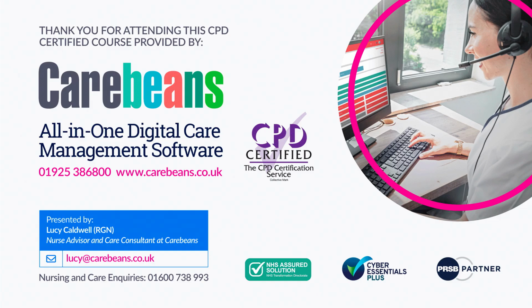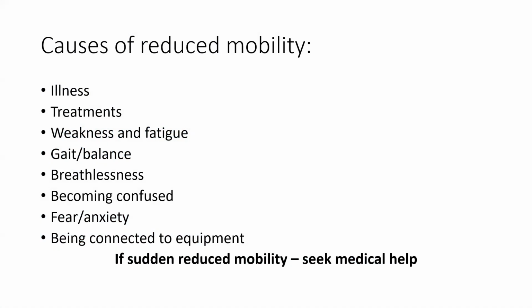That could be caused by a variety of reasons. Could be due to long-term conditions, for example, things like COPD, chronic obstructive pulmonary disorder, that can affect breathing and cause breathlessness. That can in turn reduce somebody's mobility. And then of course, pain can also reduce someone's mobility too.